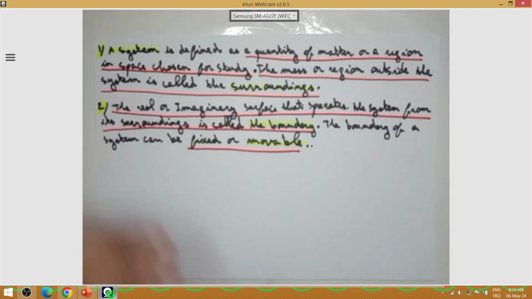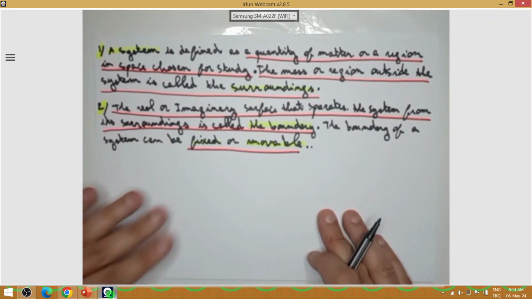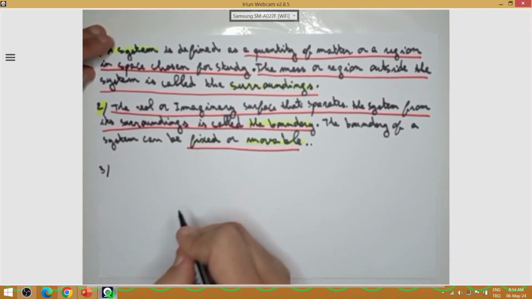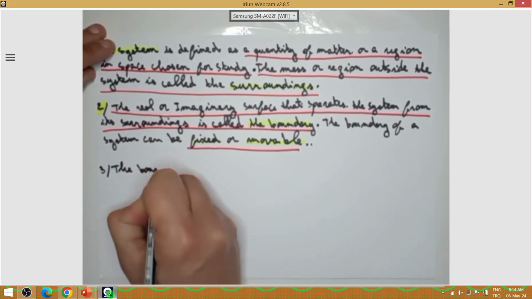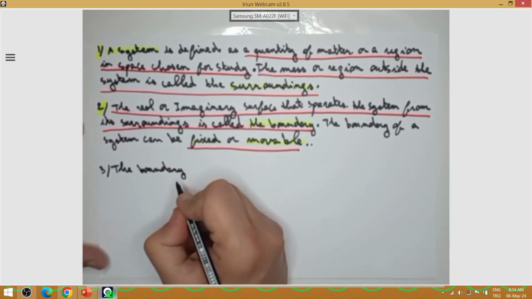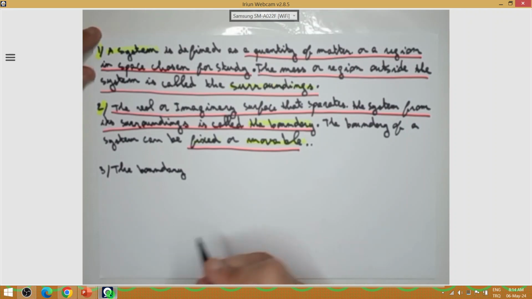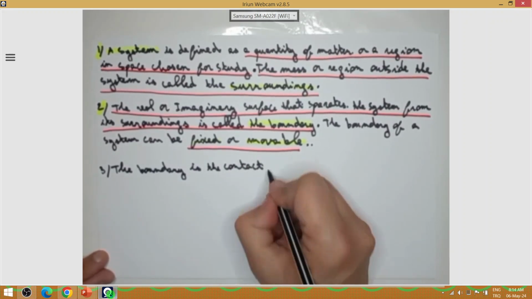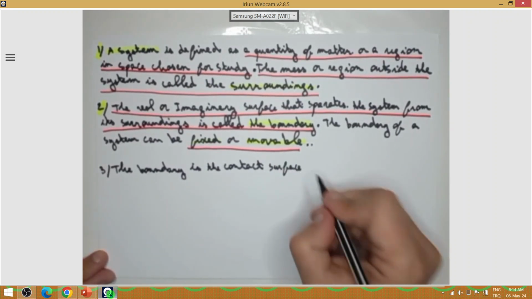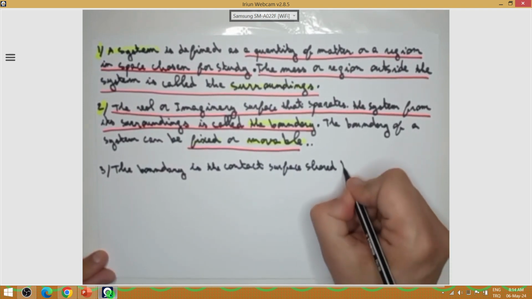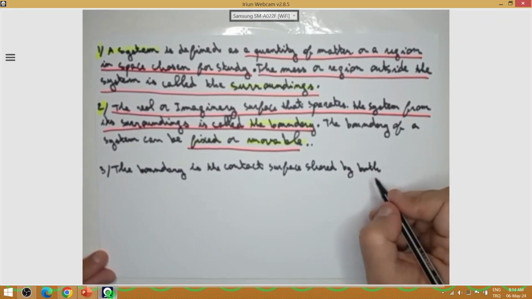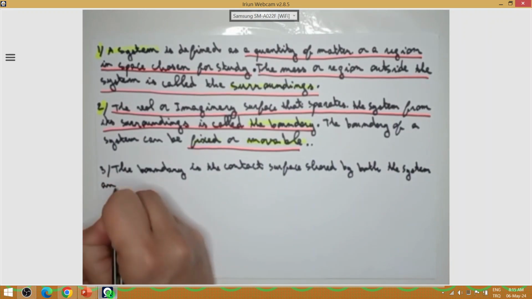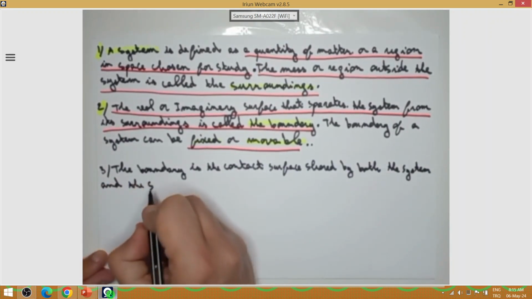Now we can go to note 3. In note 3, we can say that the boundary is the contact surface shared by both the system and the surroundings.